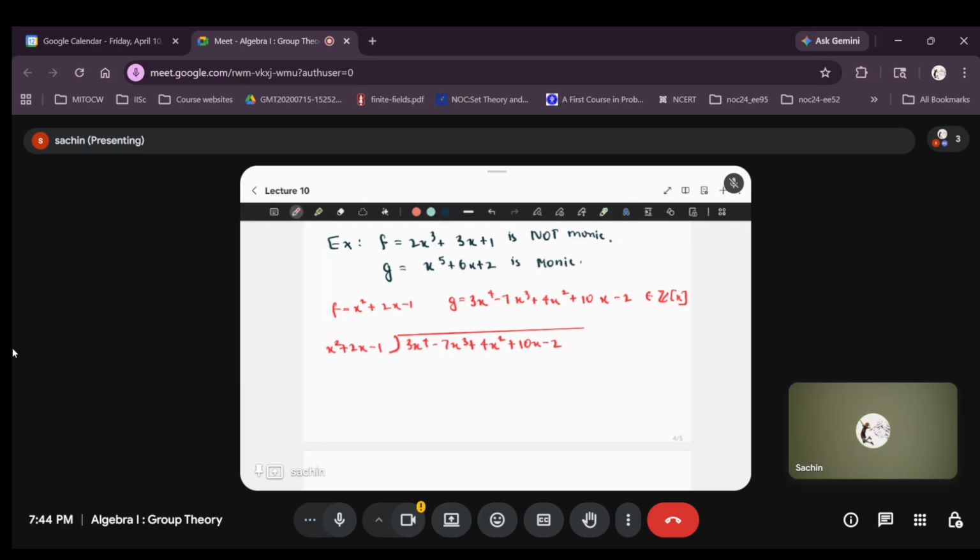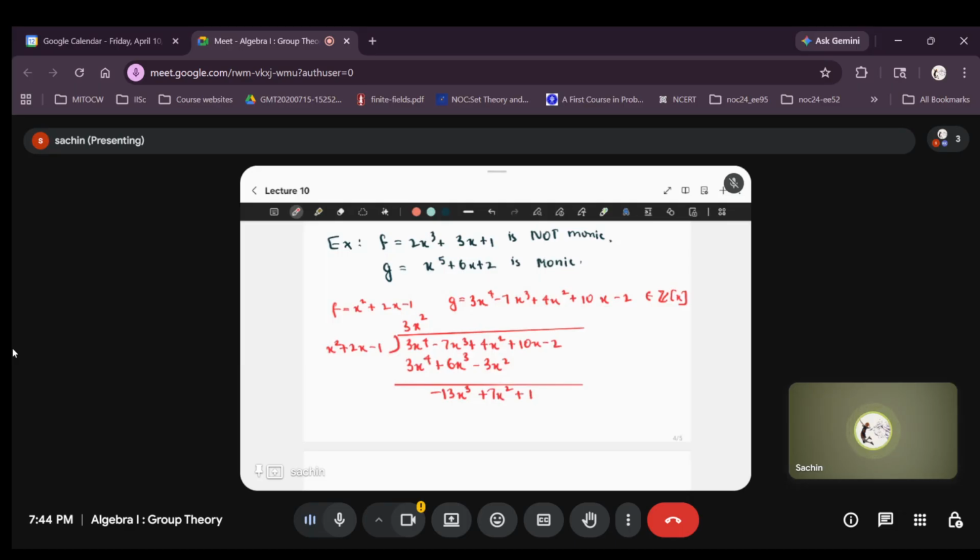You multiply by 3x squared to get 3x power 4 plus 6x cubed minus 3x squared. Sorry, this was 6x cubed. Then you subtract, and this will become minus 13x cubed plus 7x squared.